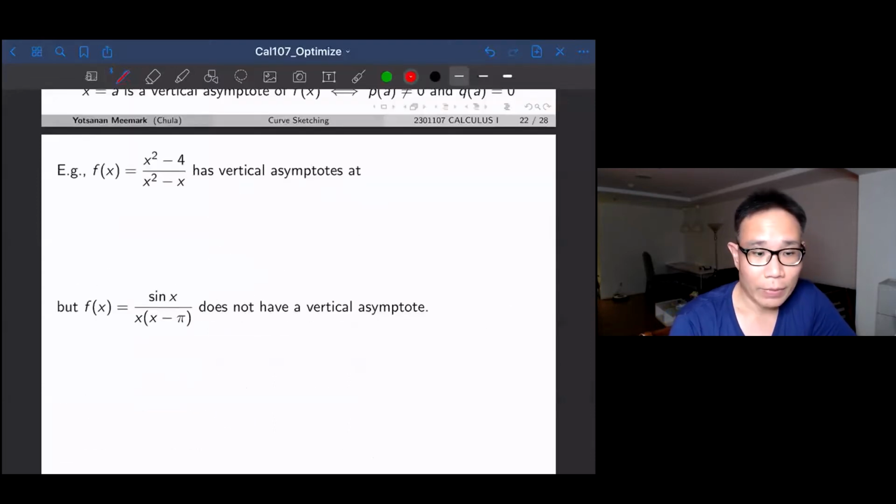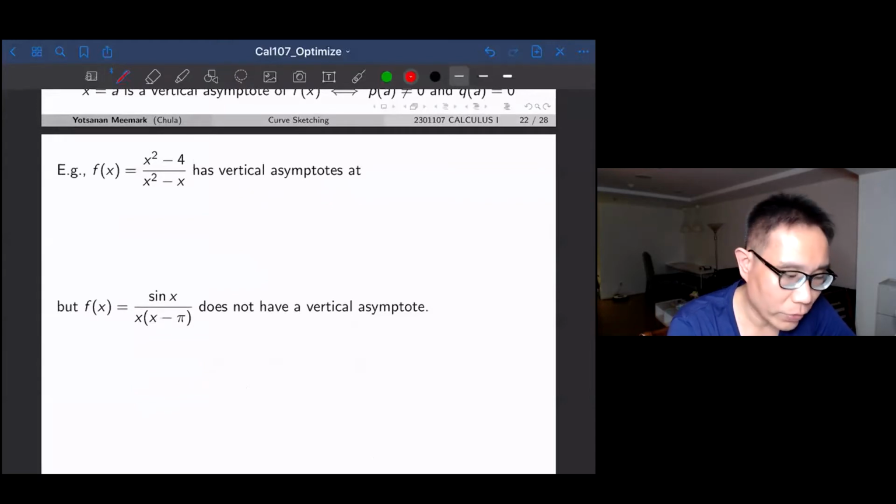Like we have in the next example, f(x) equals x squared minus 4 over x squared minus x. Where is the vertical asymptote? The question asks you that. In this case, you're going to look at the bottom guy. The bottom guy is x squared minus x, and you're going to let the bottom guy equal 0.